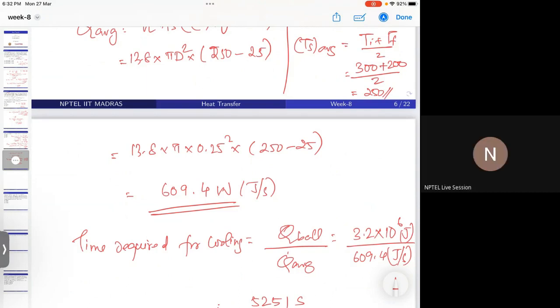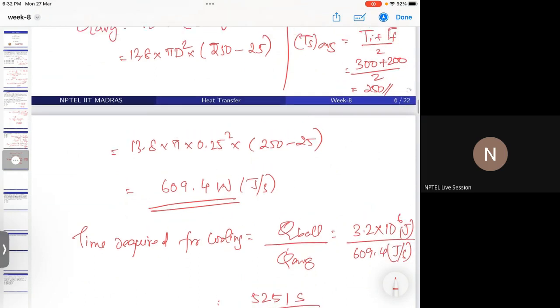Instead of 25, if the air we are sending is at 10 degrees Celsius, the Q need not be calculated exactly.